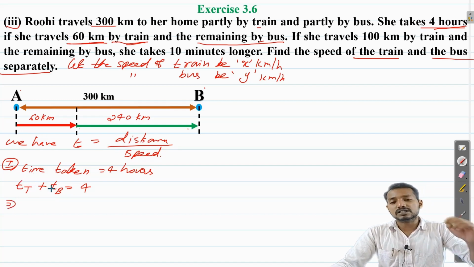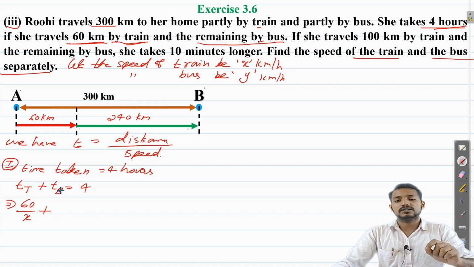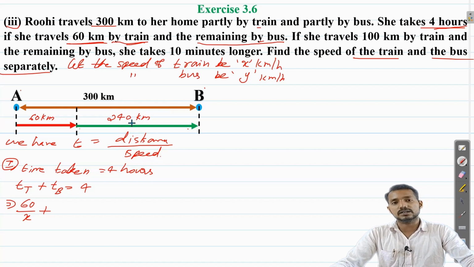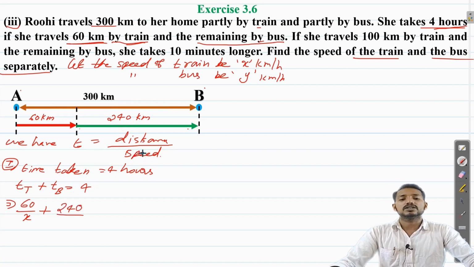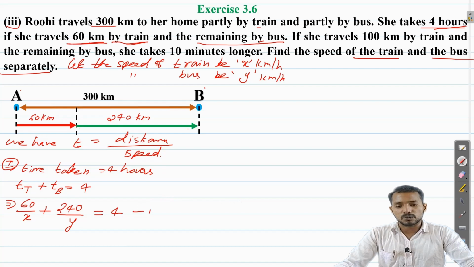So time taken by train is the distance traveled in the train, that is 60, divided by the speed of the train, which we assign as x, plus the time taken by the bus, that is the distance traveled in the bus, 240 kilometers, the remaining distance, divided by the speed of the bus, y, which is equal to 4. So that is equation number 1.